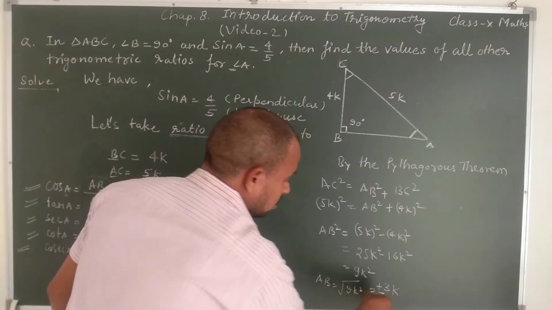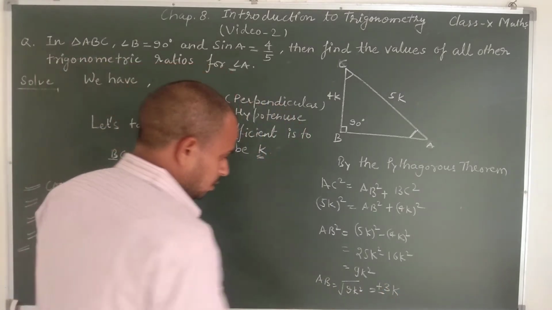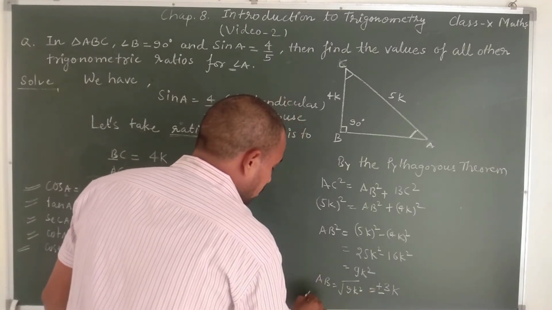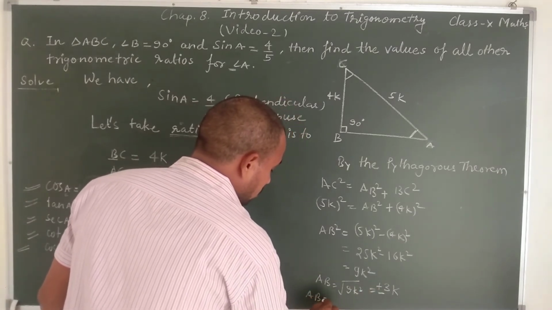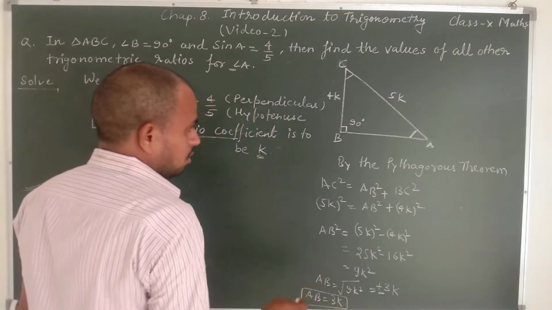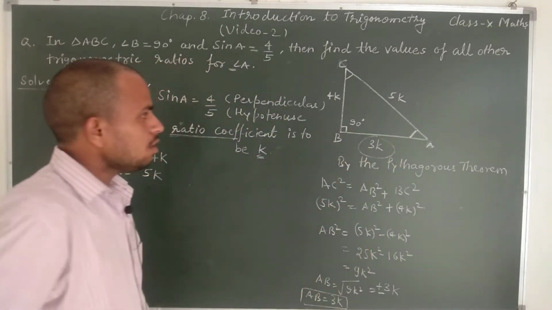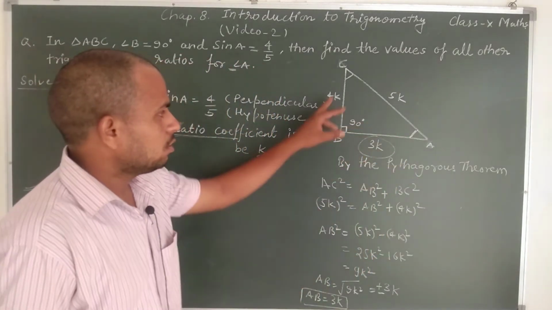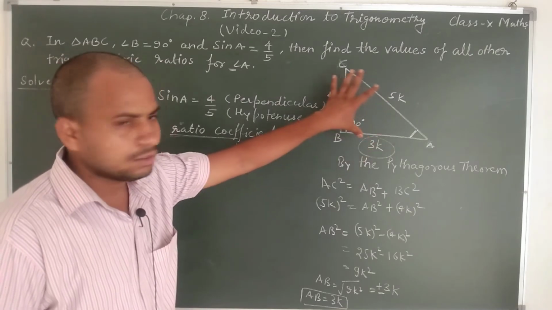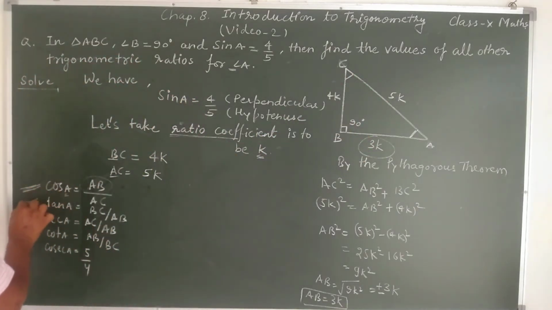The answer is plus or minus 3k, but we take the positive value, 3k. Now we know all the sides, so we put them in one by one and find these trigonometric ratios.